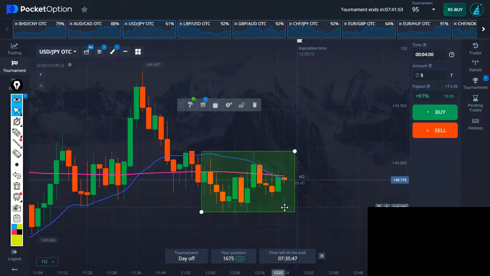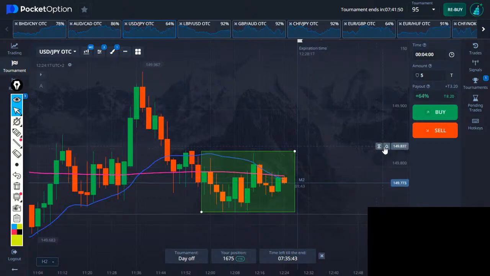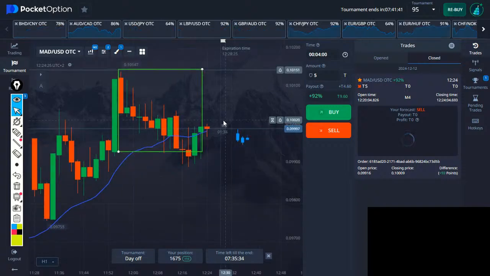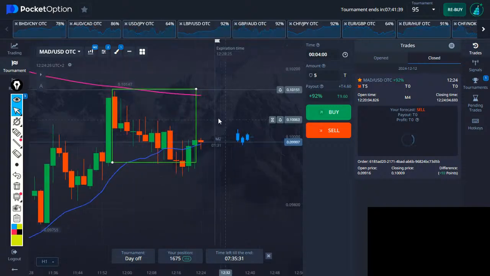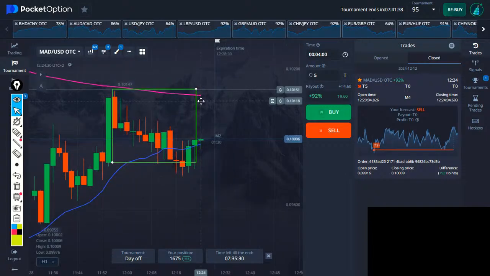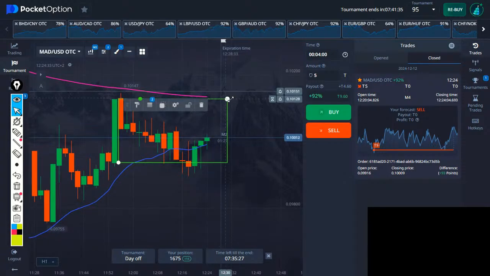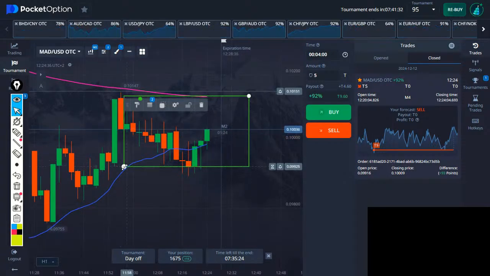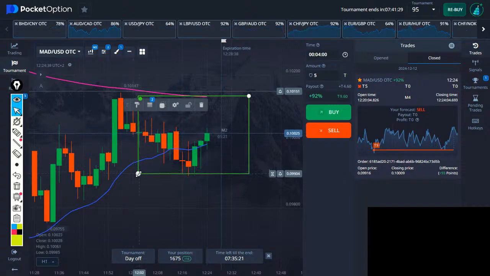Let me set an alarm over here and here. Let me see. We lost the first one. Let me see what's going on. It is still a valid setup to take. I'll adjust my rectangle. That's it.